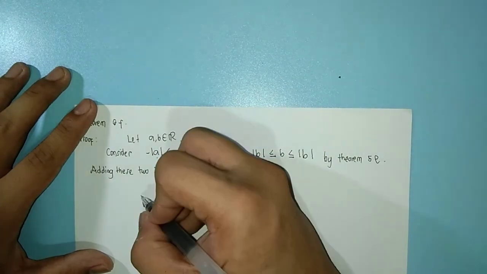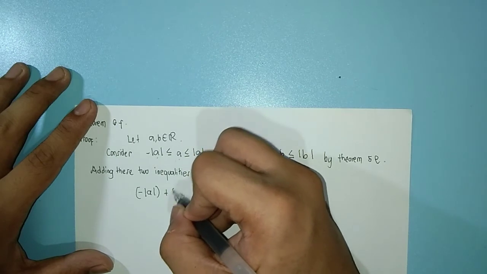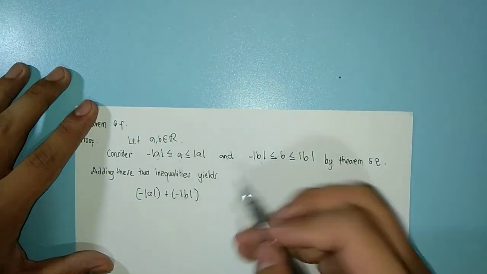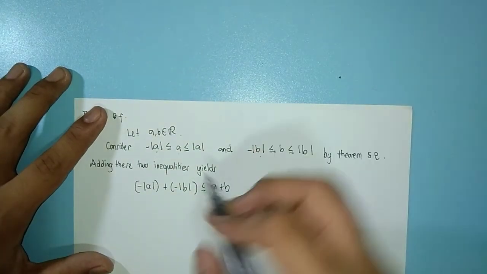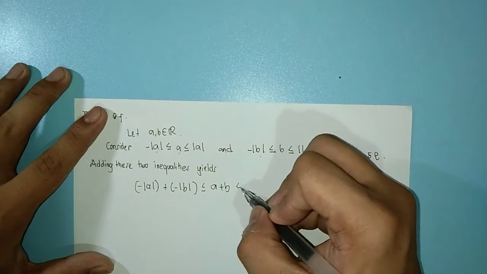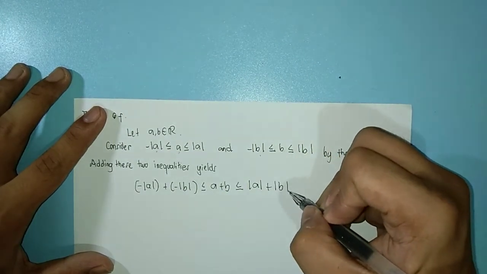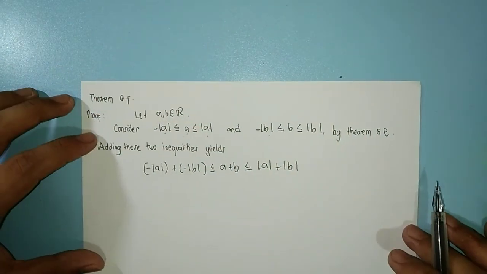Magpa-plus natin to. So, negative absolute value of A plus negative absolute value of B, para dito sa side na to, less than or equal to A plus B. Para naman dito, less than or equal to absolute value of A plus absolute value of B. Para dito. Okay?